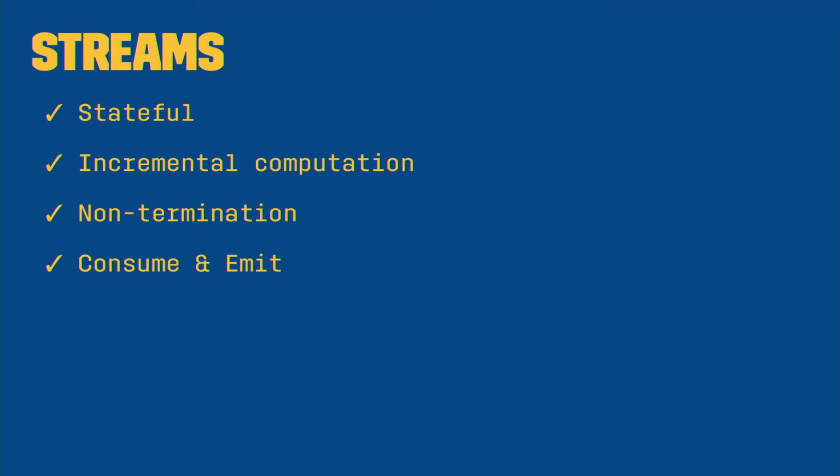Well, streams give us a few capabilities that are really interesting and important for building programs. One of which is they're stateful. And I don't mean that in an impure way, like mutable state, because you don't need mutable state in order to model the concept of streams. I mean that in simply the state of a fold, for example, where you're passing in a state and returning a new state.